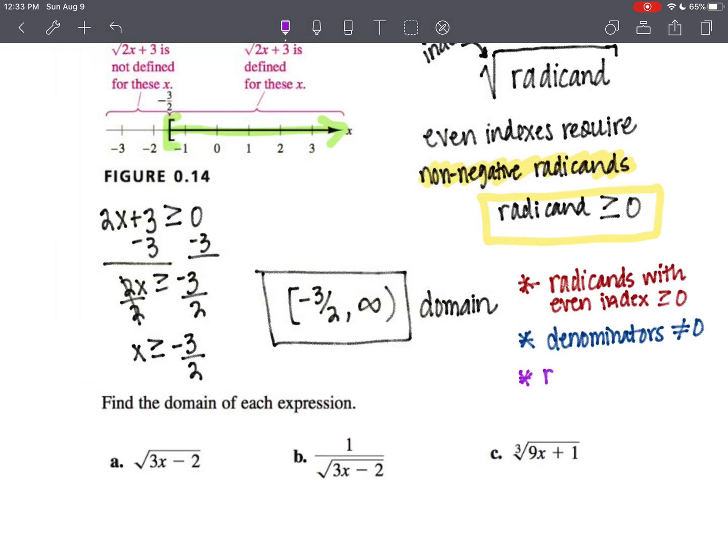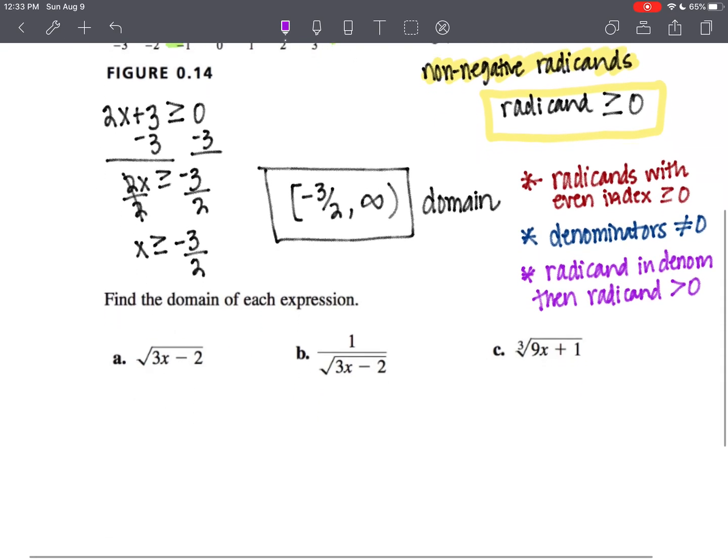And if you have a radicand in the denominator, then the radicand can only be greater than 0. It cannot equal 0 because of the blue exception.